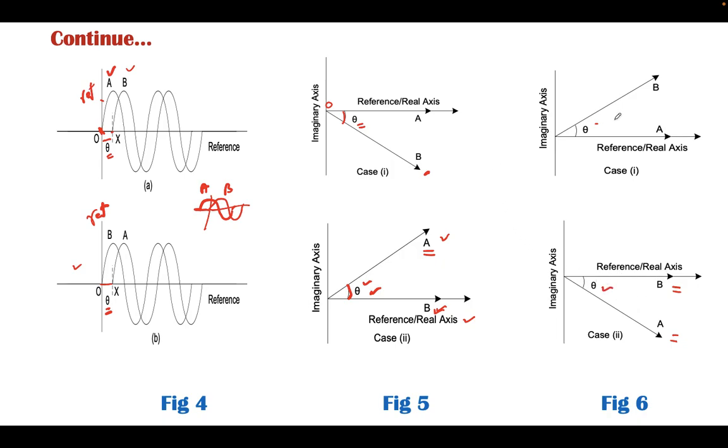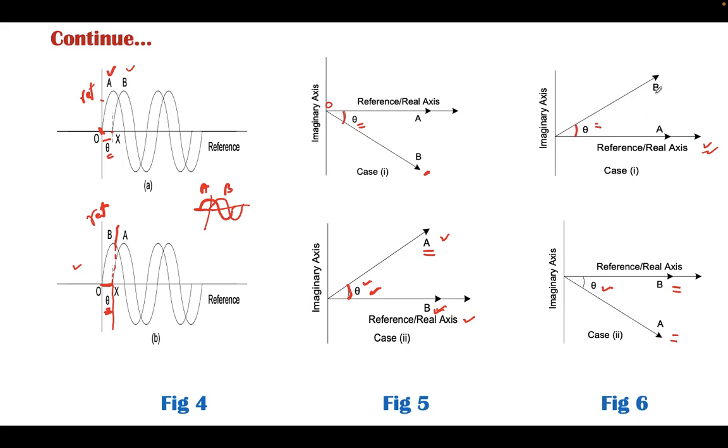Now this is the case when the reference is taken along this A, then A will be taken along the reference, whereas B is before this reference by a displacement or phase of angle theta, and hence it will be leading by an angle of theta.